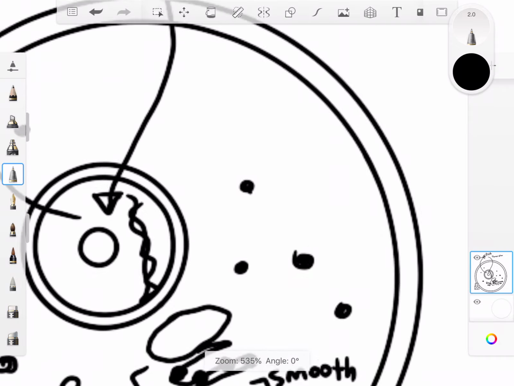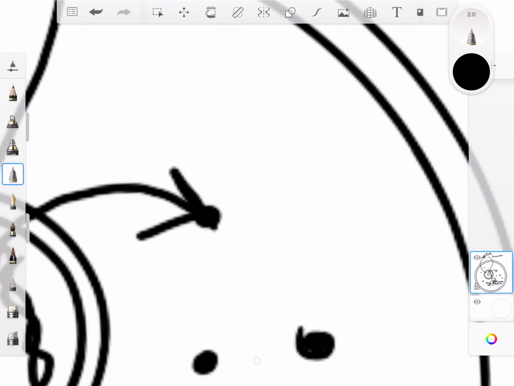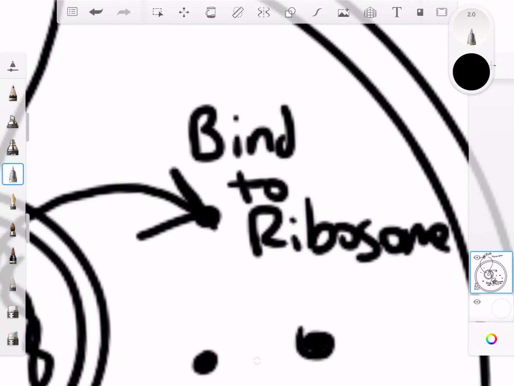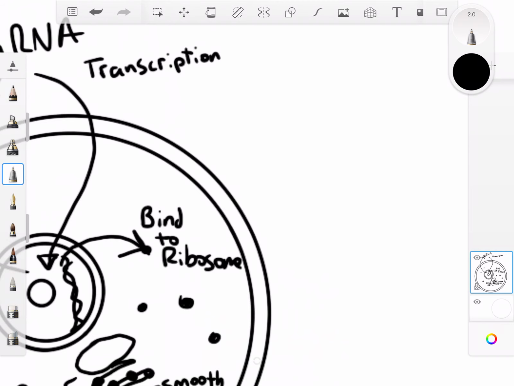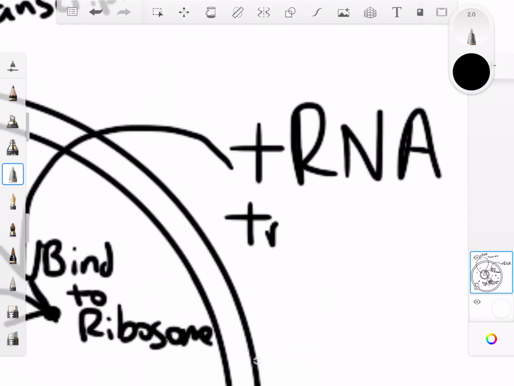Once it's in here, it's going to leave the nucleus and bind to a ribosome. Once it does that, it's going to call out for transfer RNA. Transfer RNA is going to come here, and then these guys are going to do what is called translation.